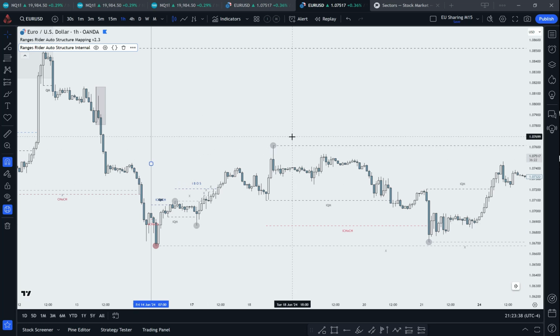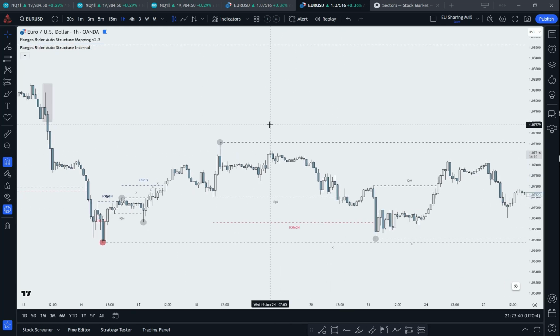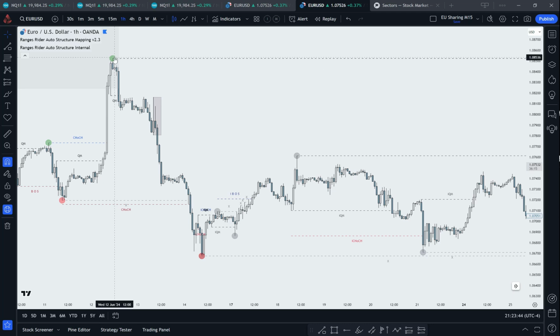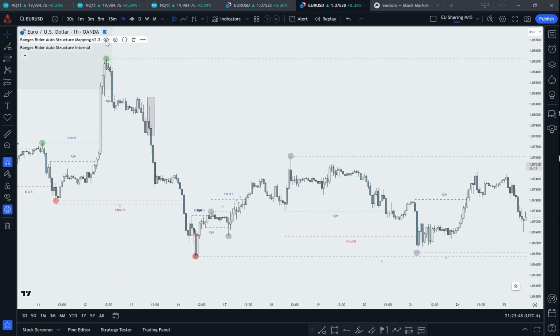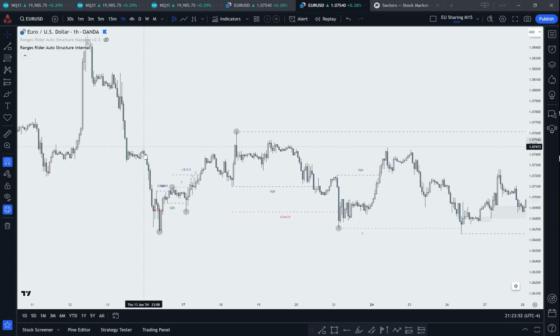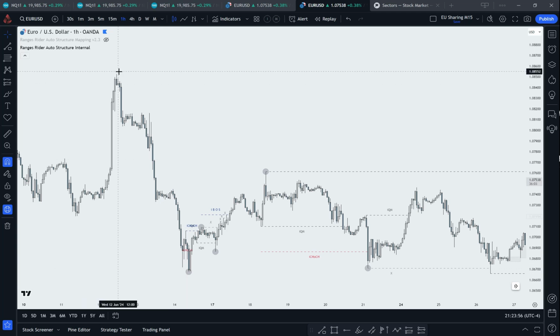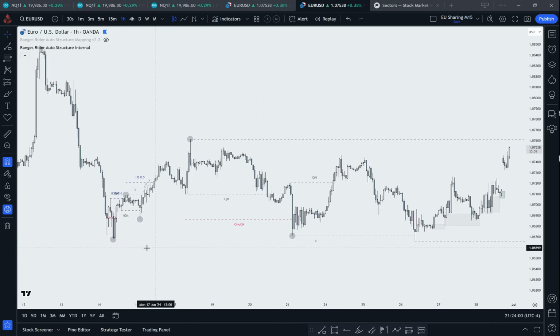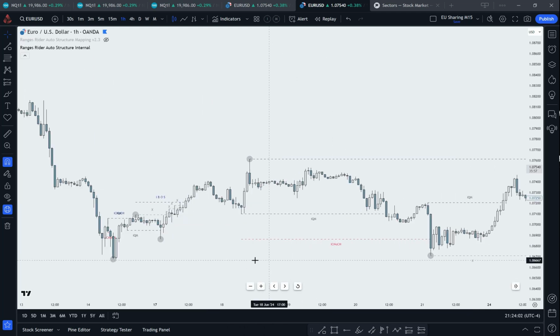You are marking the internal structure. Then what you have? First, you know that you have the range from there to here, right? And now this is alone the internal structure after DOB was disrespected off of this range, the external range. Now we are internal.